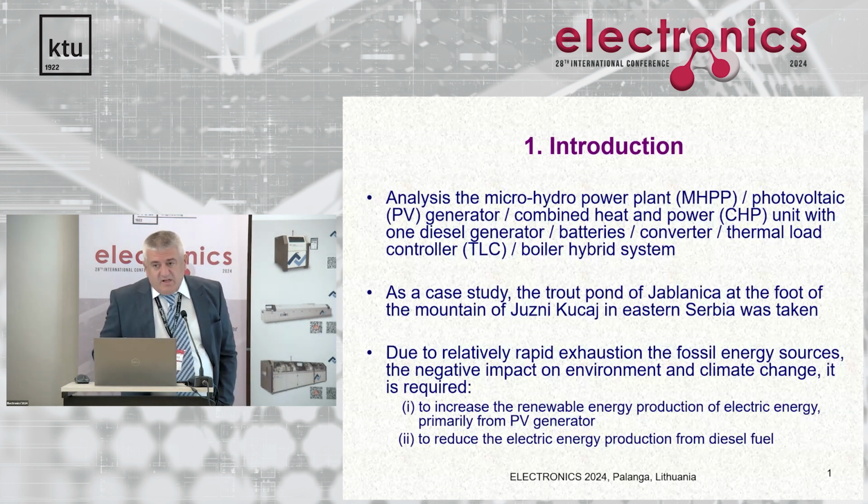This system without thermal load controller nowadays exists in eastern Serbia in one fish pond and produces trouts, only trouts. You know, trouts need cold water, and some other species of fish need a little bit warmer water. And our idea was, from 5 ponds, to share the production of fish at the same time: to produce trouts in 3 ponds of them and carp fish in 2.